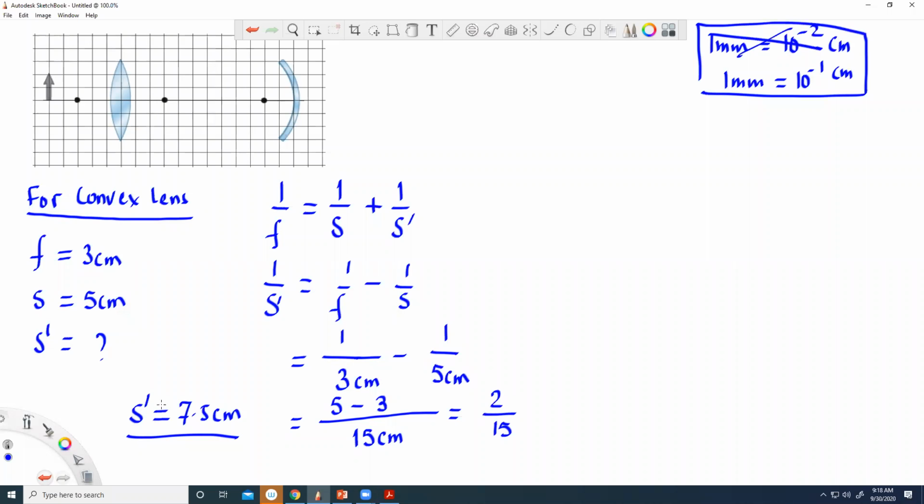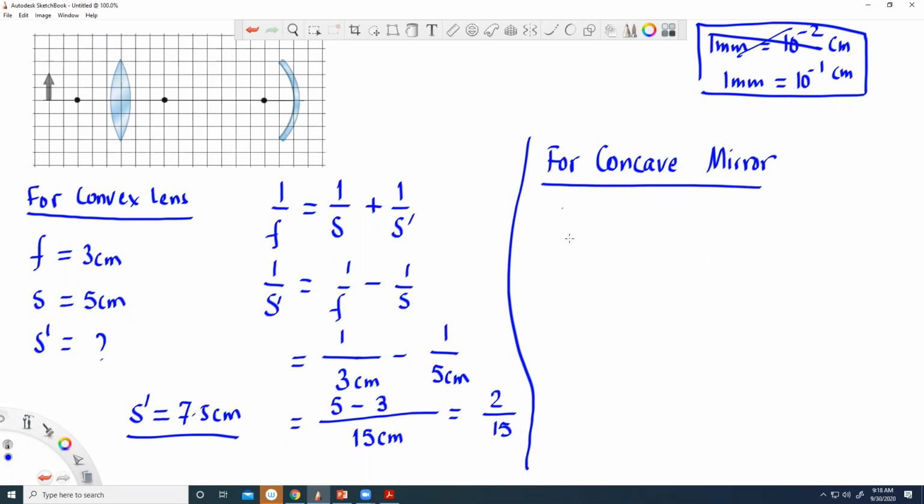Okay, so that's the image distance for the convex lens. Now, this will be the object distance for the concave mirror. For the concave mirror, now use the same equation. 1 over S prime is equal to 1 over F minus 1 over S. The focal length of the mirror is 2 centimeters.